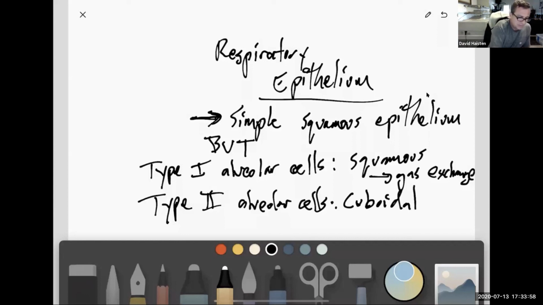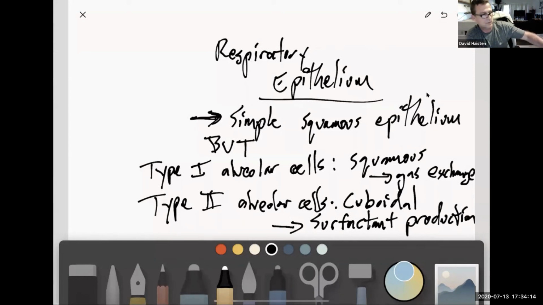The type 2 alveolar cells produce something called surfactant. What is surfactant? Surfactant reduces the surface tension of a liquid. So water has high surface tension. Water molecules stick together really well because of their hydrogen bonding.